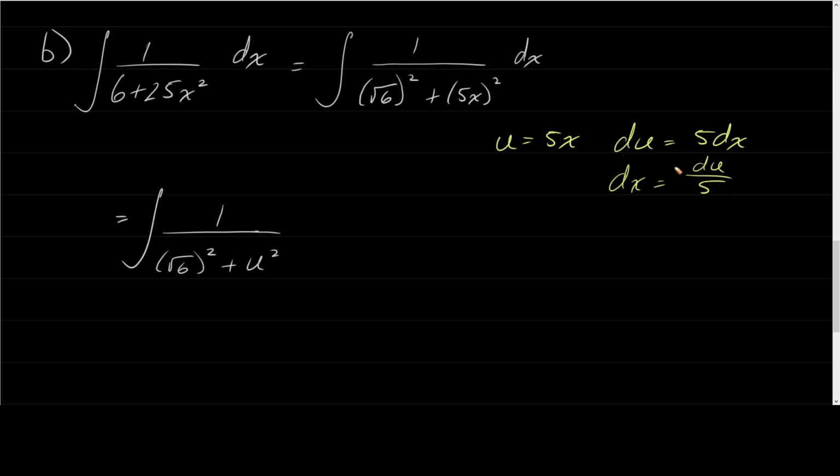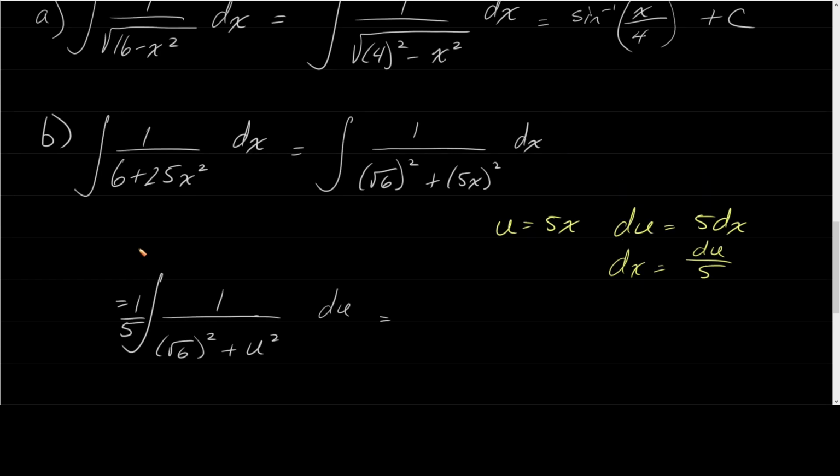And this dx was du over 5. In other words, it's 1/5 times that integral. And now it's actually in the format that we wanted, because we've got our a squared plus u squared, and on top having the du. That constant in the front, no longer need to worry about that.